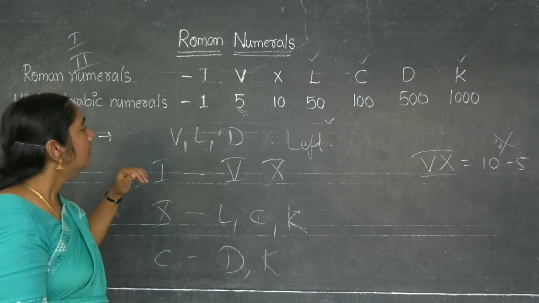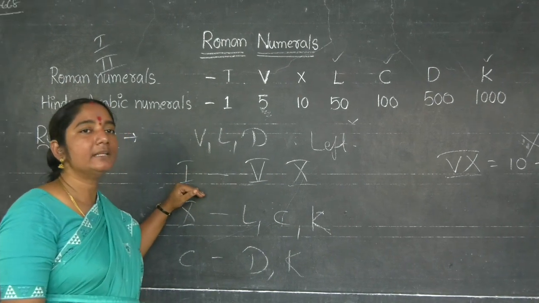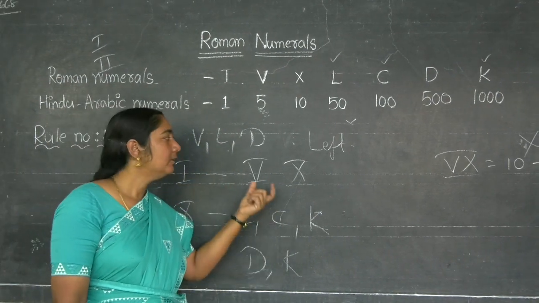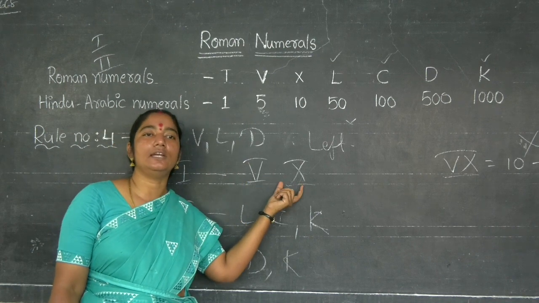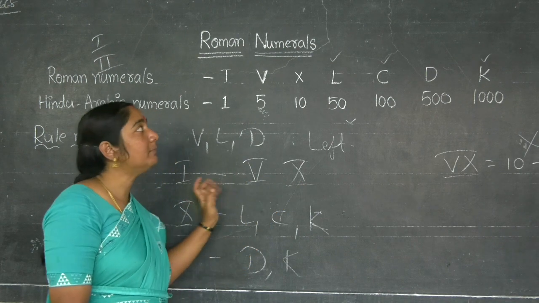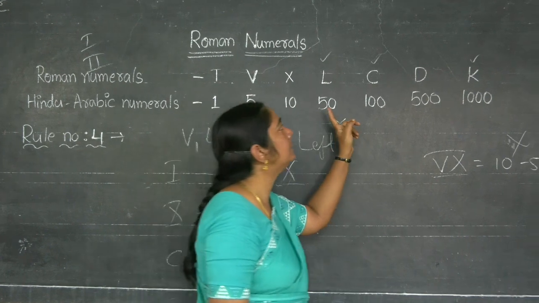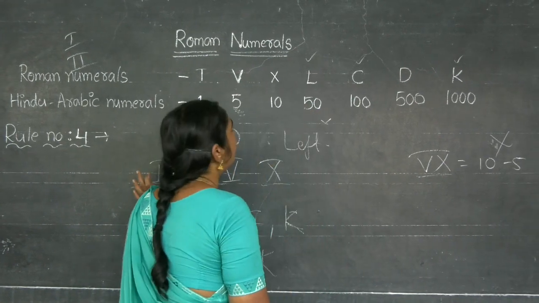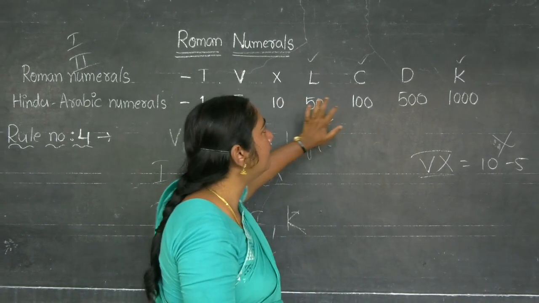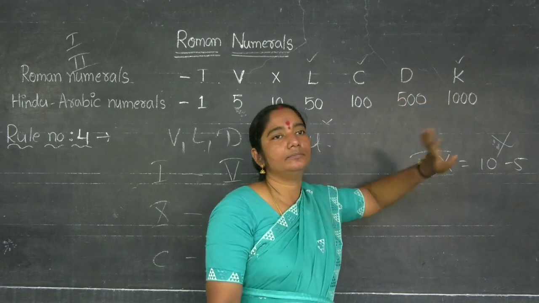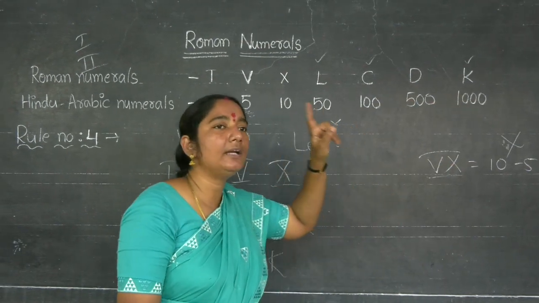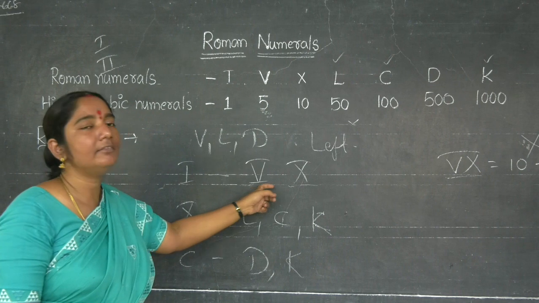Next, Roman numeral I can be subtracted only from Roman numerals V and X. It cannot be subtracted from any of these. Roman numeral I cannot be subtracted from L, C, D or M. It can be subtracted only from 5 and 10.